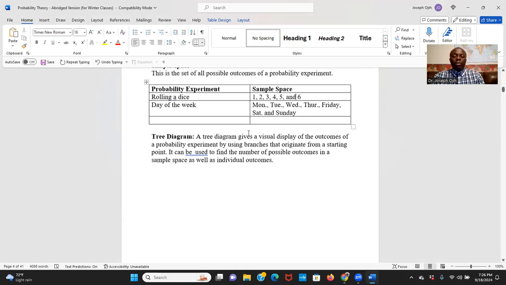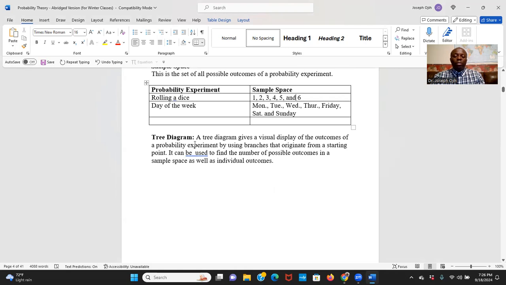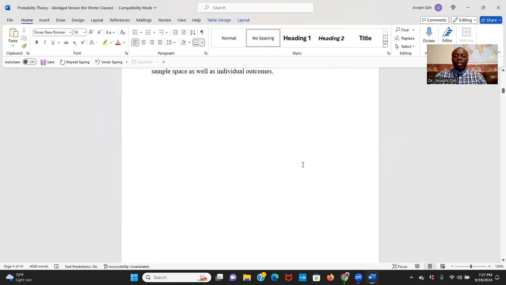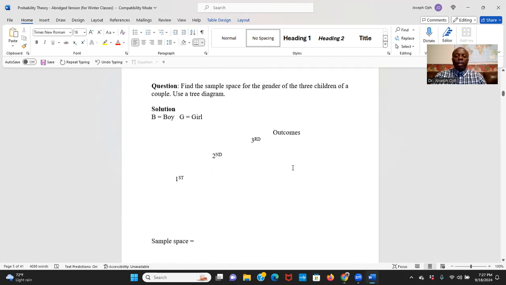We can use something we call a tree diagram to generate the sample space. A tree diagram is a visual way of displaying the outcomes of a probability experiment. Let's see how you can use it. Look at this question.